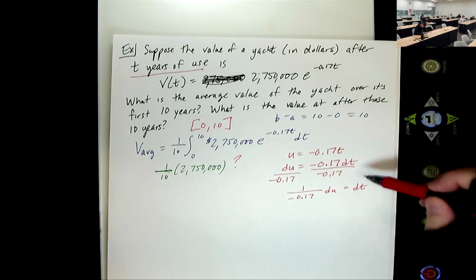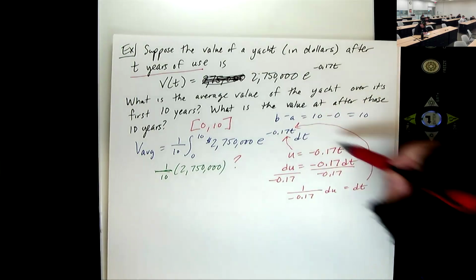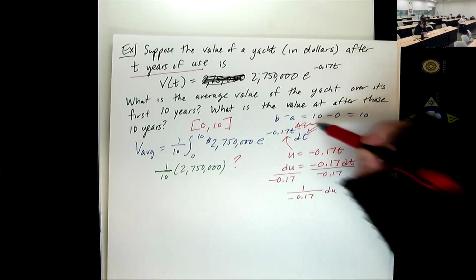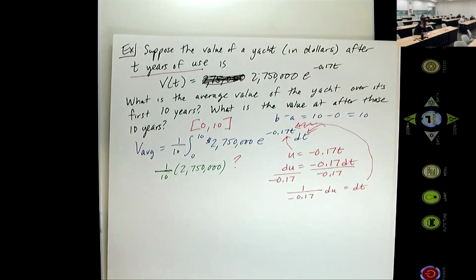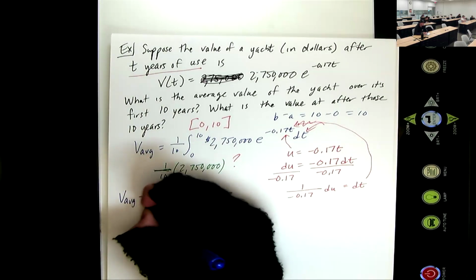So if I wanna put u in there, I gotta change dt to that. So I'll rewrite that equation in terms of u here.